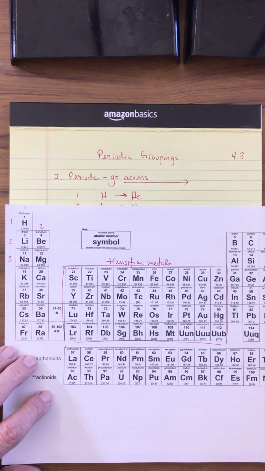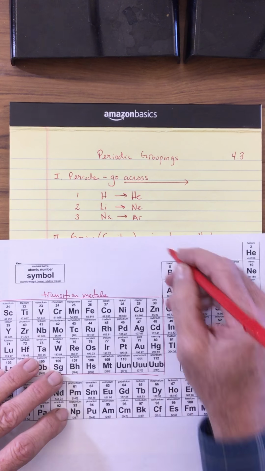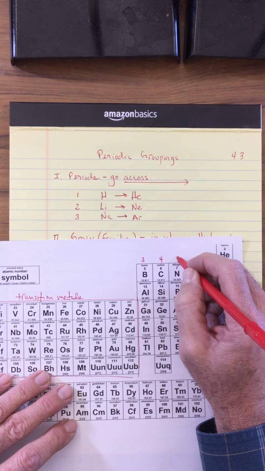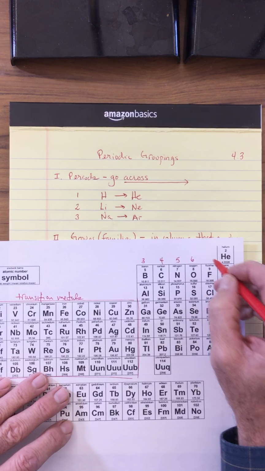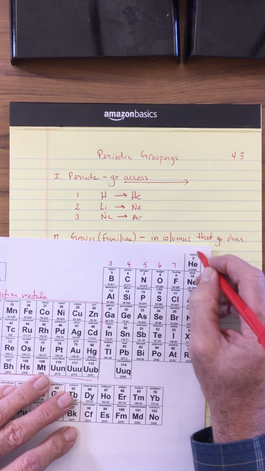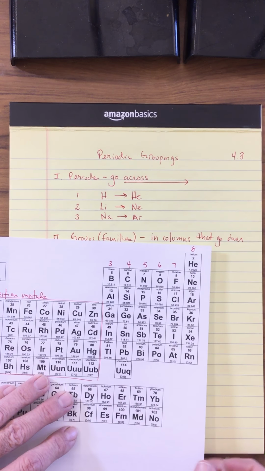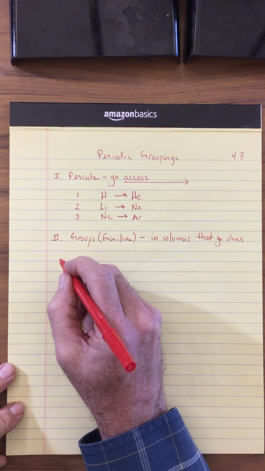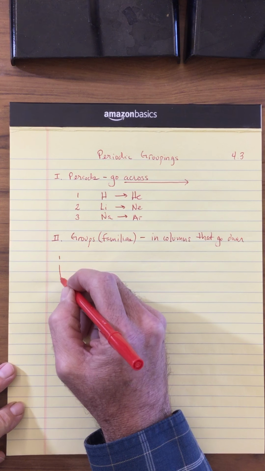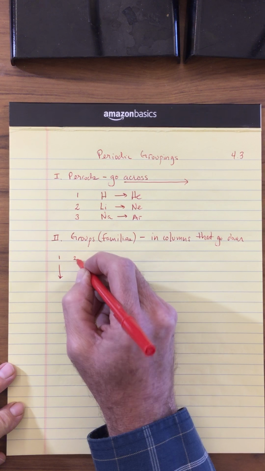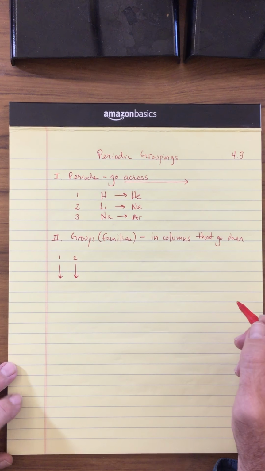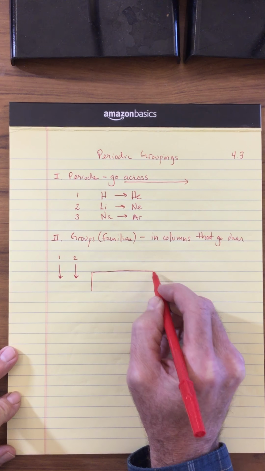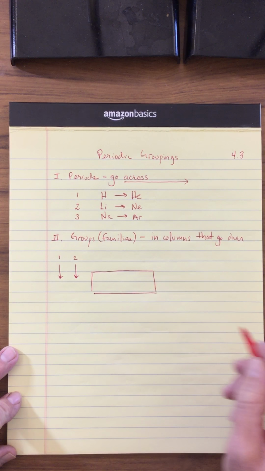And then after that, we skip the transition metals and we go to group 3, then 4, 5, 6, then 7, then group 8. So we're just going to do a brief drawing on that. We have group 1. Group 1 goes down. Then we have next to it group 2, and then group 2 goes down. And then we have this giant rectangular block.